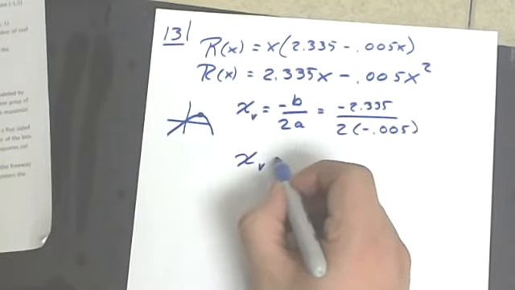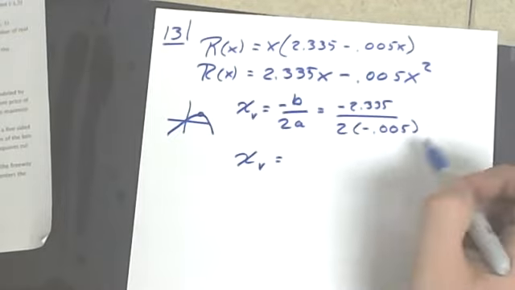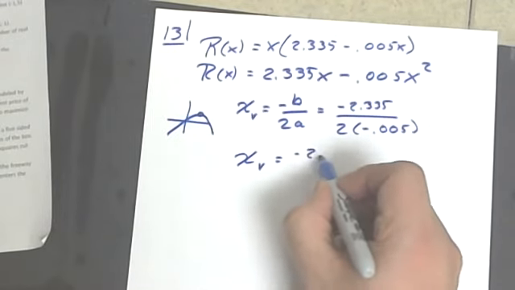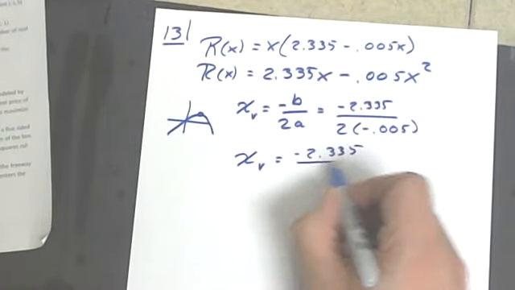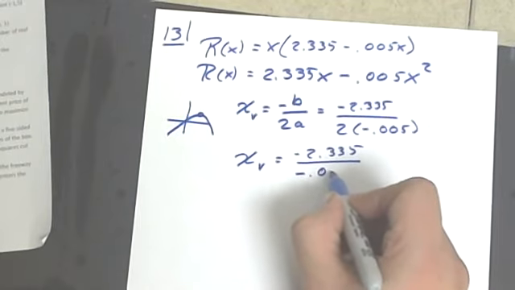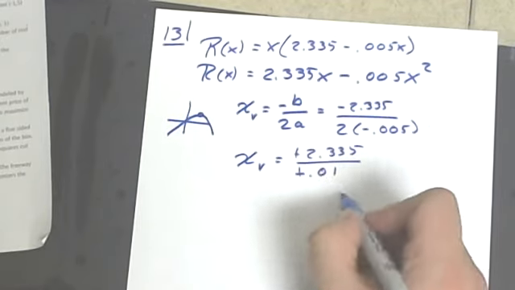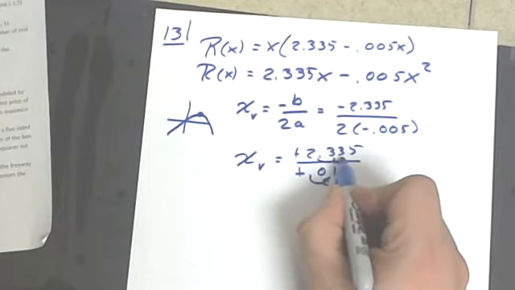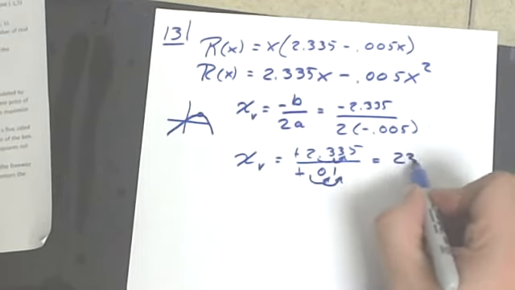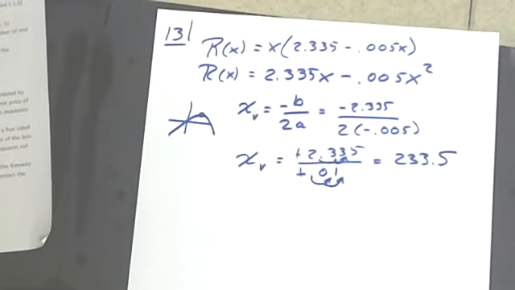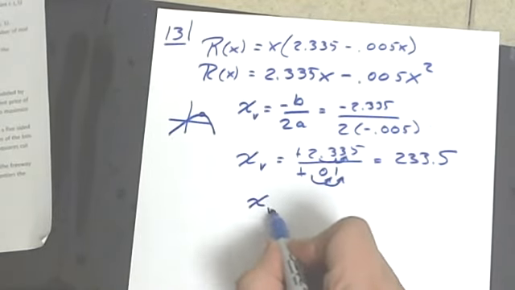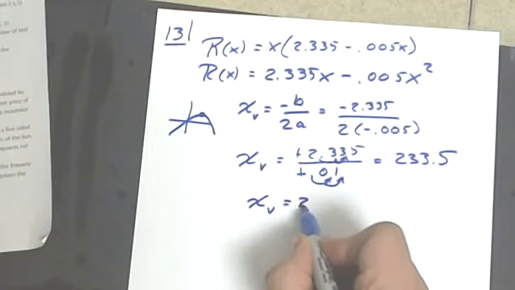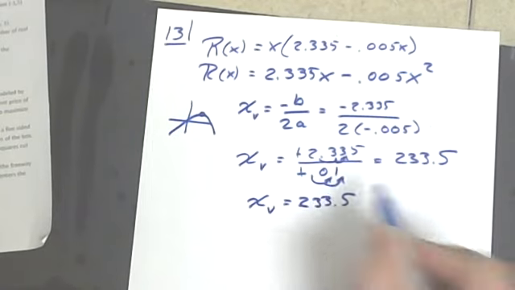So the x value of the vertex is whatever that result is. Let's see, negative 2.335 over negative 0.01. The negatives are going to go away. Move that decimal twice. So 233.5. So the x value of the vertex is 233.5.